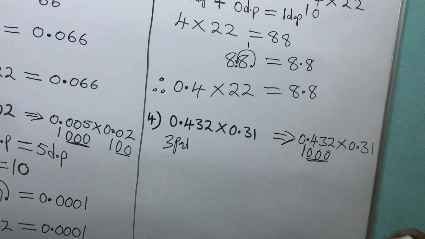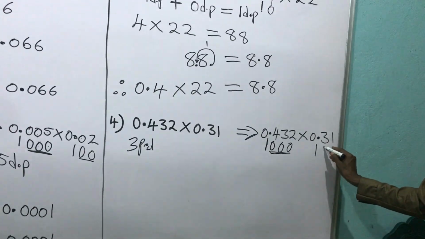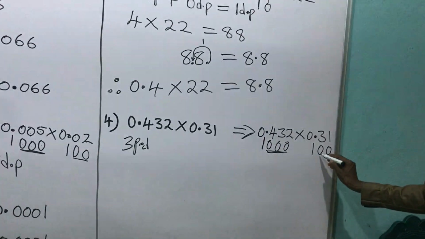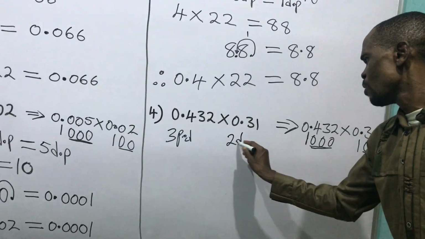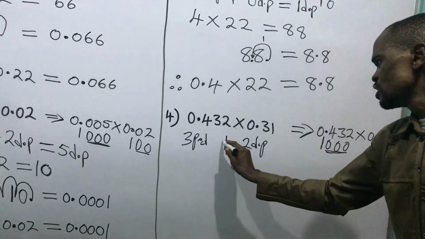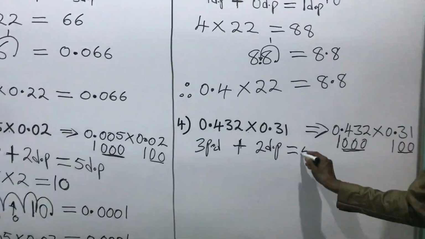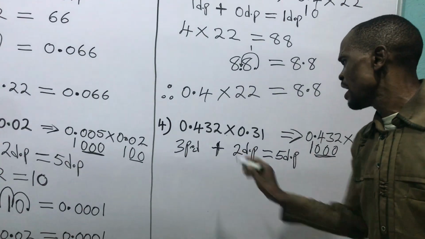Coming to this, the dot point is 1, and 3 is 0, 1 is 0, telling me this is 2 decimal places. Multiplication in the law of indices is addition. I'm going to have a total of 5 decimal places.